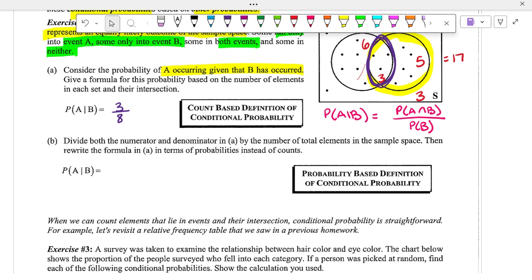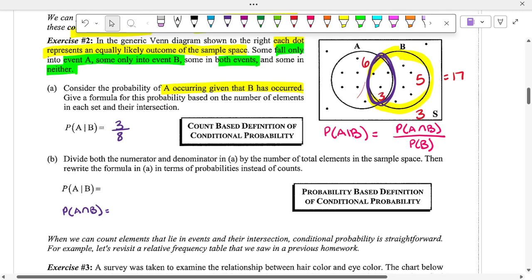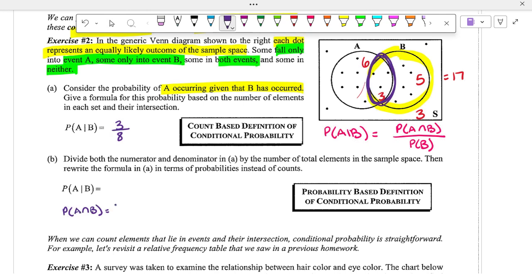Now let's use the actual formula and see what we get. What's the probability of both A and B happening? Just the total probability of A and B happening. Guys, the intersection.